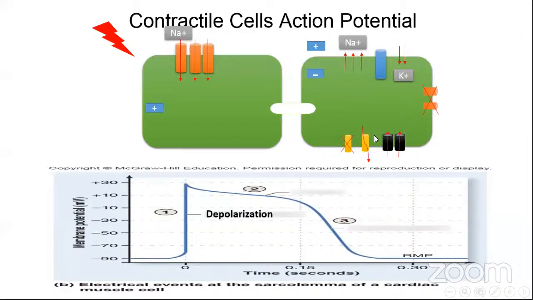They balance each other and will result in the plateau phase. These calcium channels will close soon, but the potassium channels remain open and potassium continues to leak out of the cell, bringing the negative charge back inside and developing into repolarization. The curve jumps down and we have repolarization.